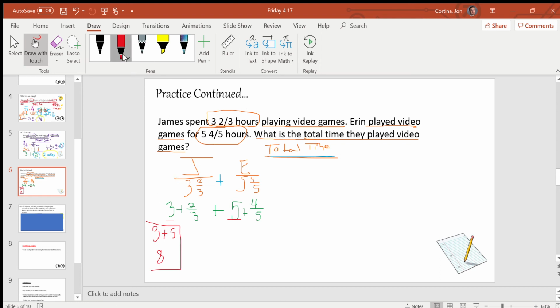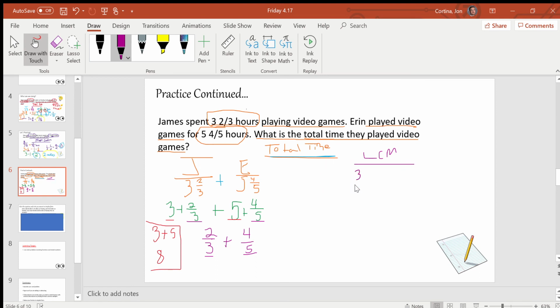We're going to find our fractions now. 2/3 plus 4/5. Okay, I notice that my denominators are not the same, so I cannot add those. We need to go back and do a little extra work and change those denominators so they're the same.